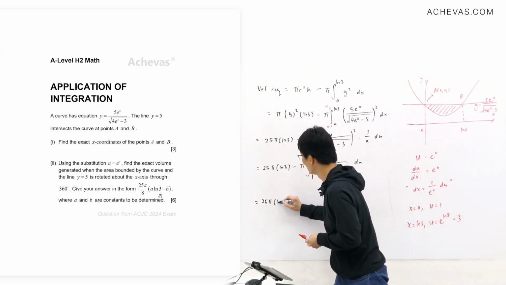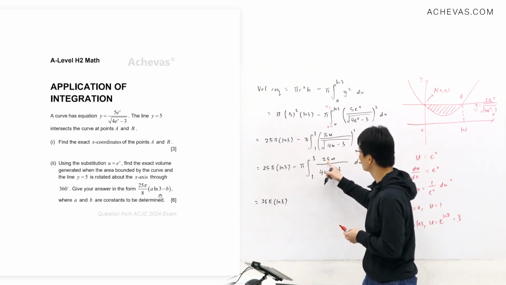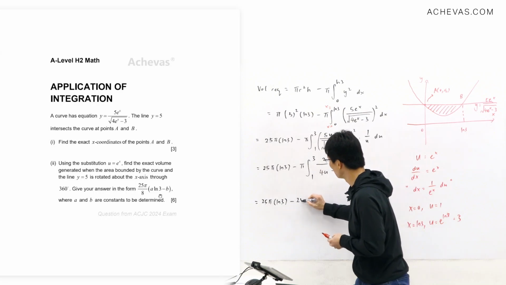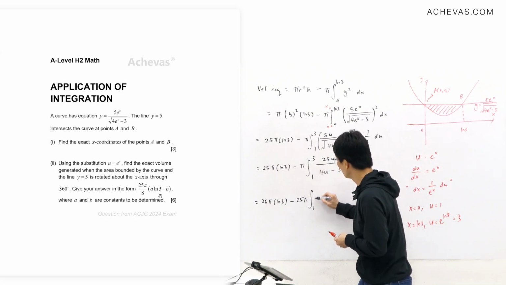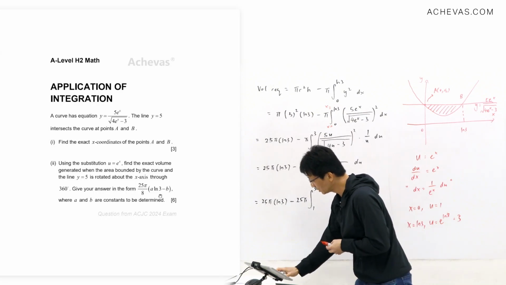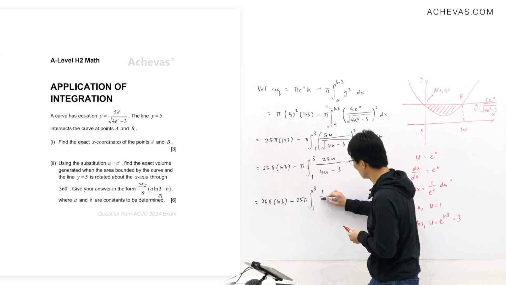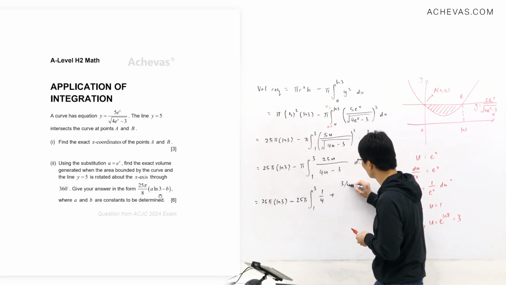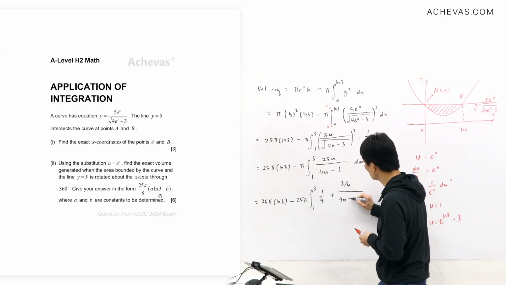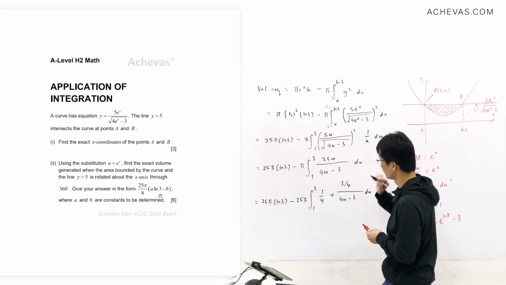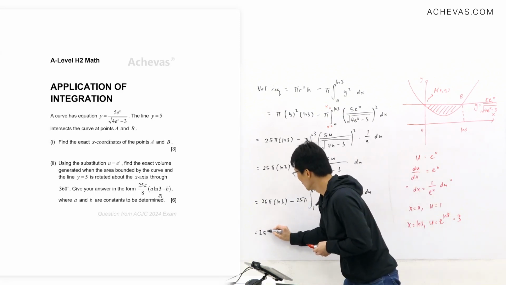So maybe I can just factorize out the 25 pi first. When I do a long division for this, I'll get 1/4 plus 3/4 over 4u minus 3 du. Okay, so now we integrate it.